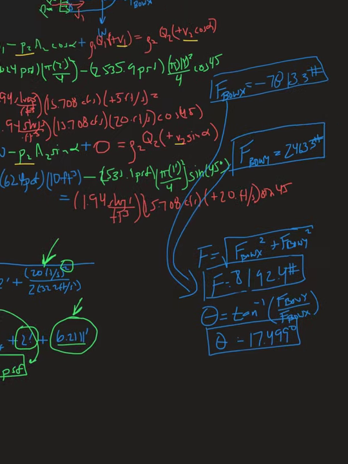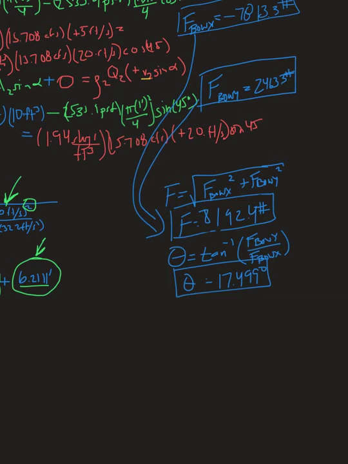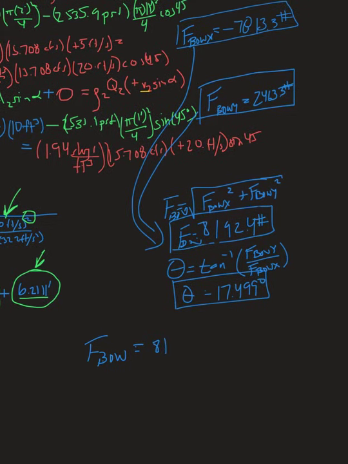So now we can combine those, and actually this should be F bow. So F bow, the force of the bend on the water, equals 8192.4 pounds at theta equals 17.499 degrees.